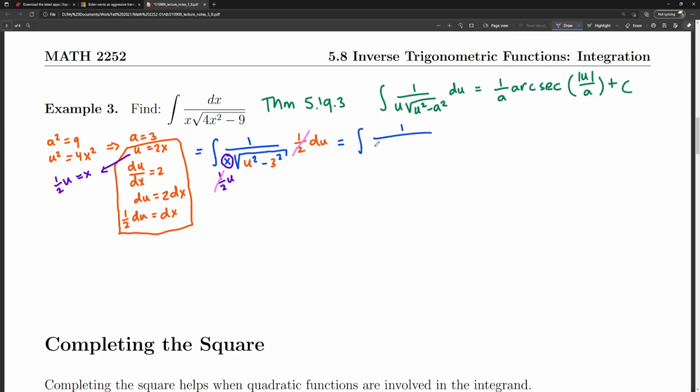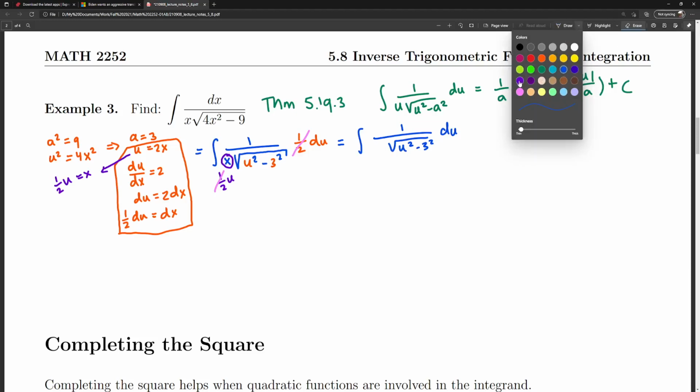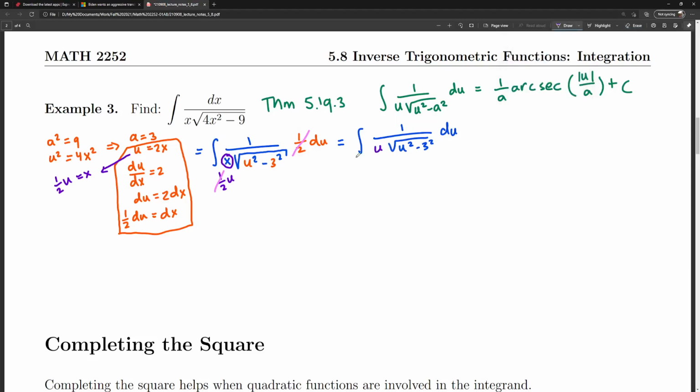It's 1 over u square root of u squared minus 3 squared du. So just to make this a little bit clearer, this u is what is left over from replacing the x with 1/2 u. And the 1/2's canceled out.